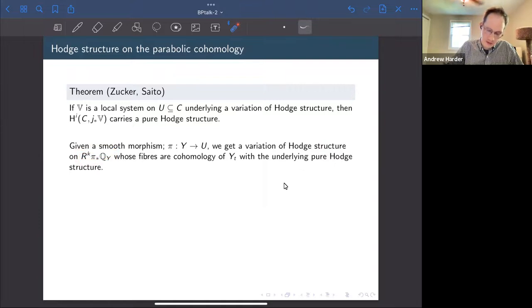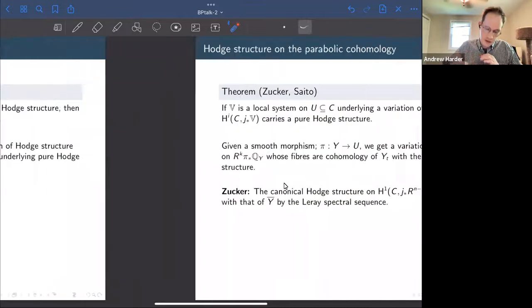The fibers of this cohomology local system are the cohomology of the fibers of this map pi. The underlying pure Hodge structure gives us this filtration in bundles just by taking the filtration on each fiber of this local system. There's a standard way of doing this, and this is our main example of variation of Hodge structure.